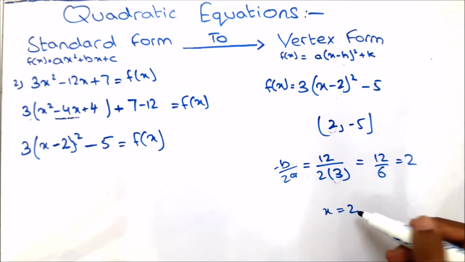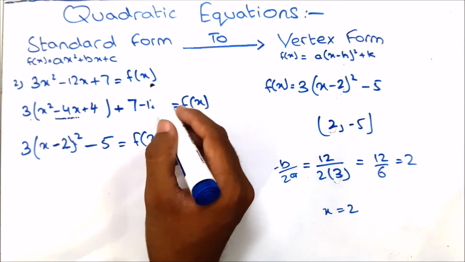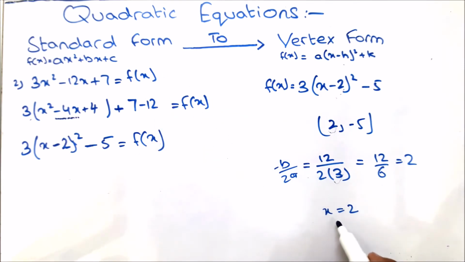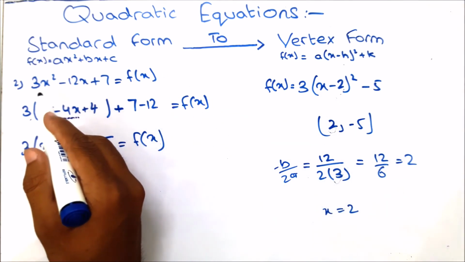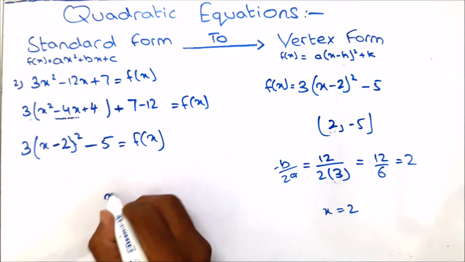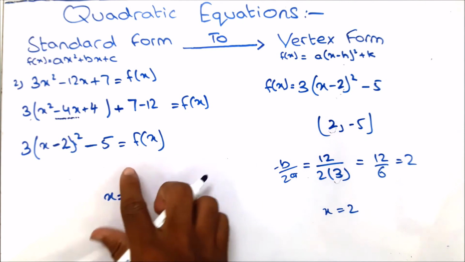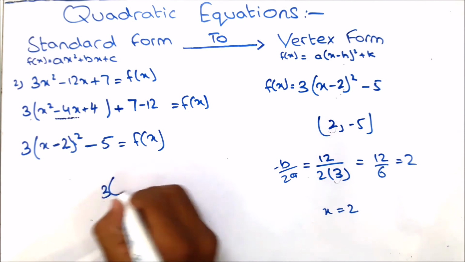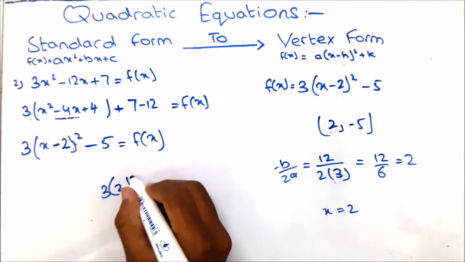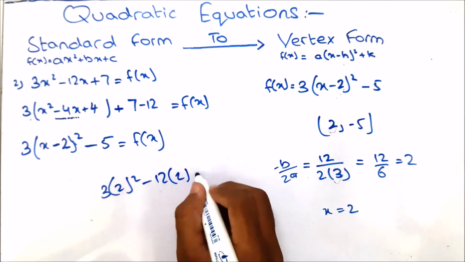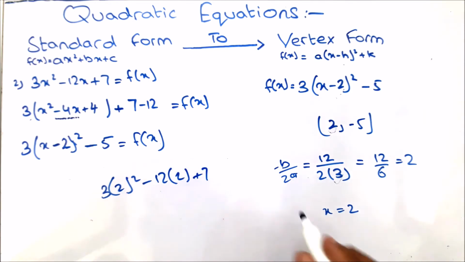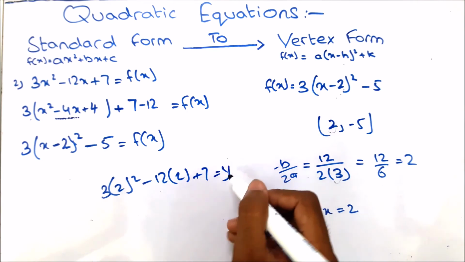How do we find the y value? This f of x is actually y. So we just put this x value in the formula and look for our answer. We write 3 times 2 squared minus 12 times 2 plus 7 equal to y, or f of x.